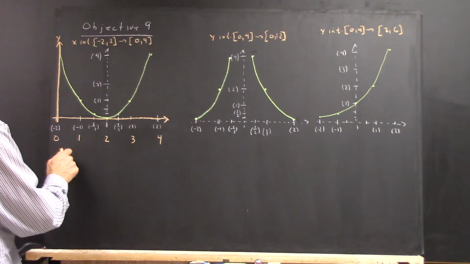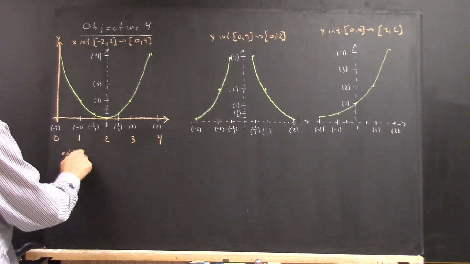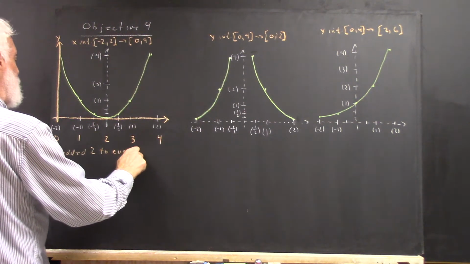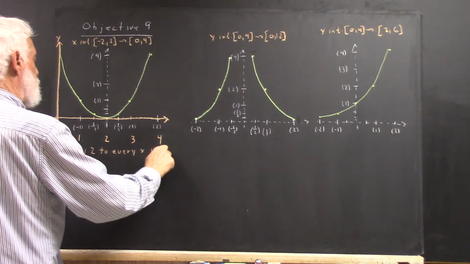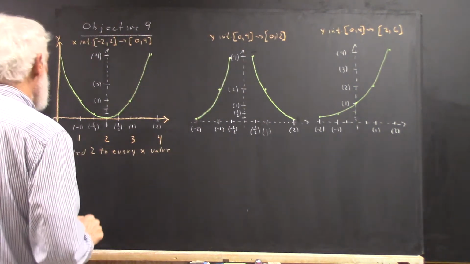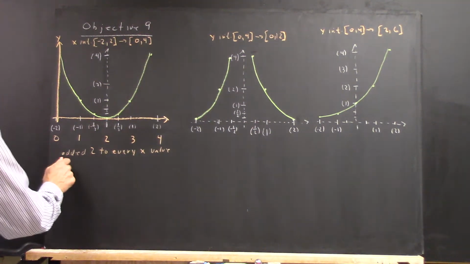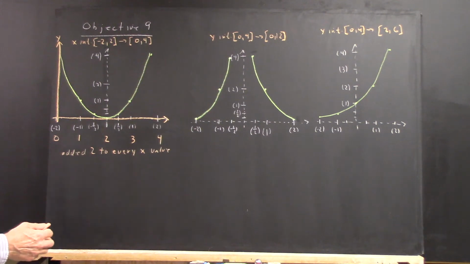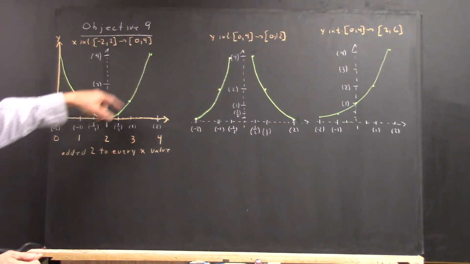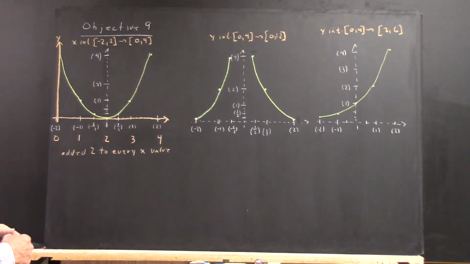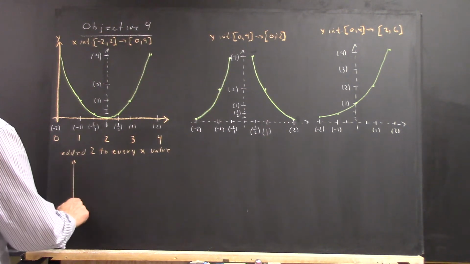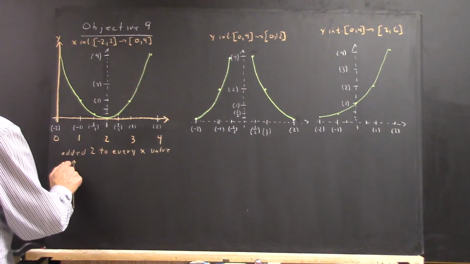So what we did was we added 2 to every x value, and now the coordinates of every point are going to add 2 to the coordinates of every point we had on the original axis, as we've seen. The table for the new function, and normally we write the whole table.